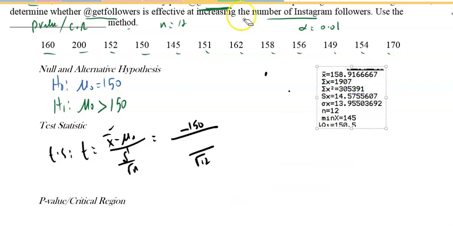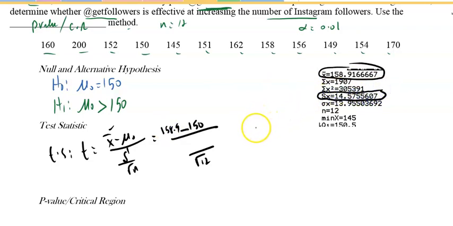So this is from list 1. I need the average. The average is right there, 158.9. And the standard deviation is right there, 14.58.